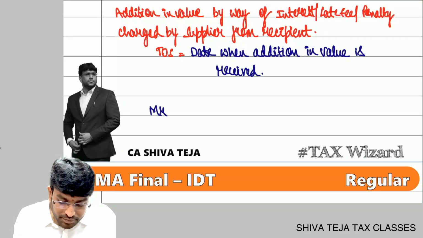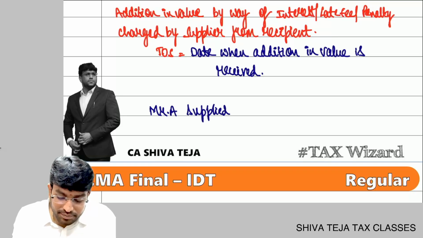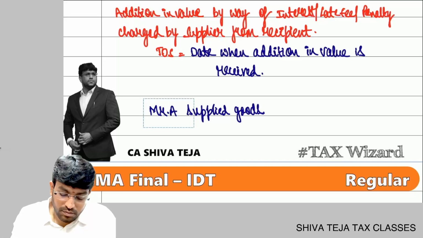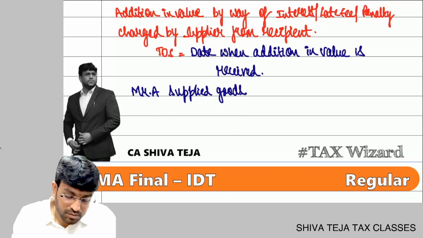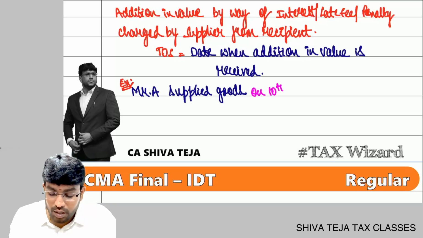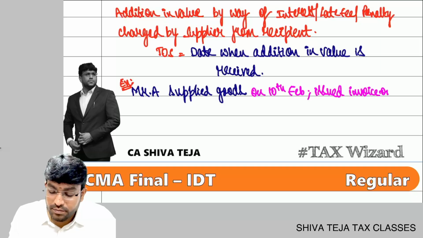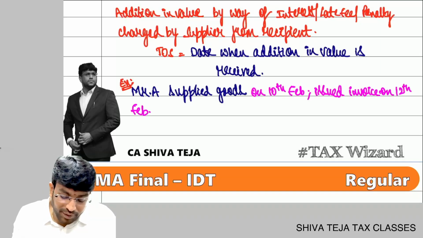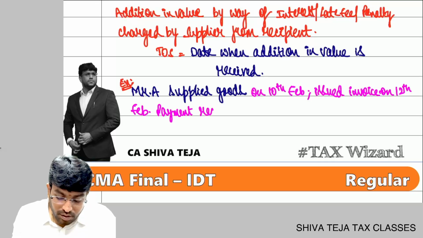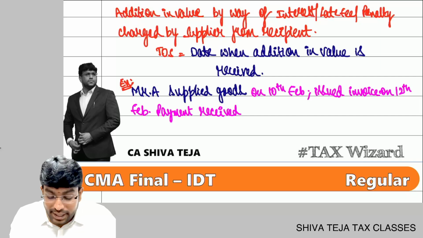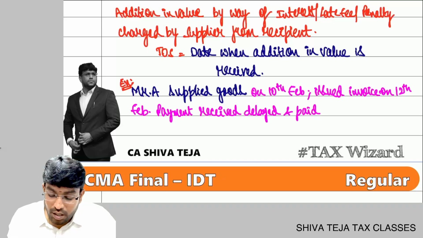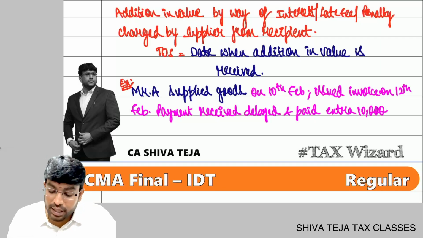Yes, so let's say, for example, one person, Mr. A, he supplied goods on 10th February, issued invoice on 12th February, payment received delayed, and paid extra 10,000.